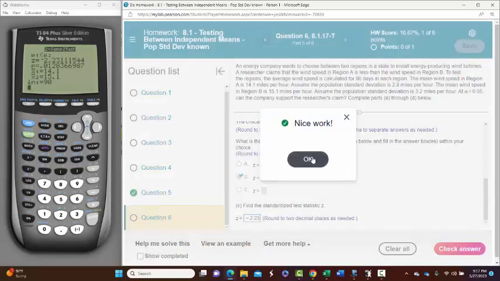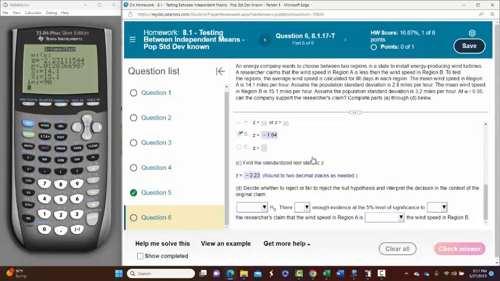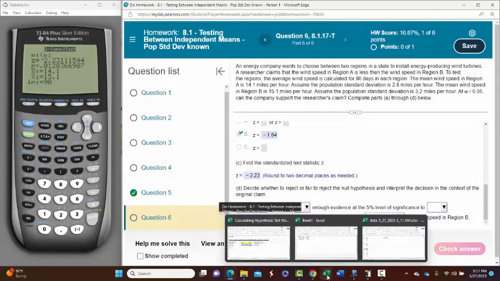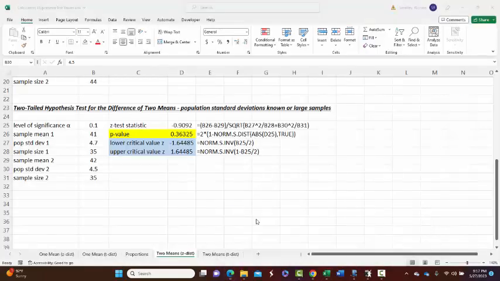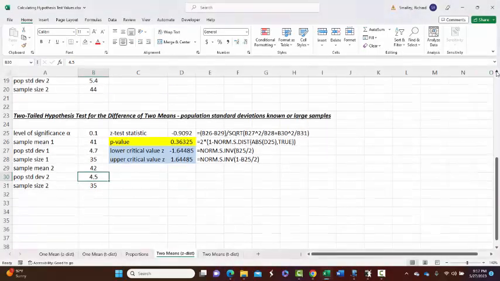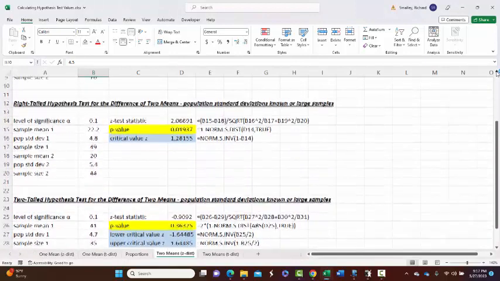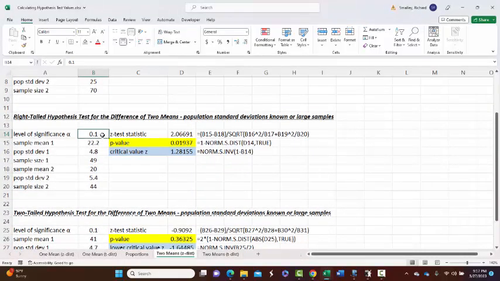All right, got it? So let me put this in Excel here before I forget. Left-tailed, 0.05. I do remember both ends here are 90.